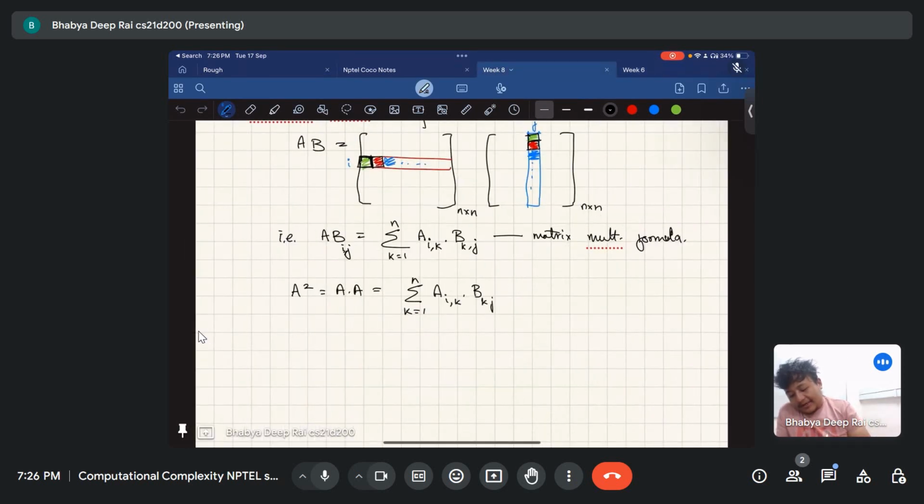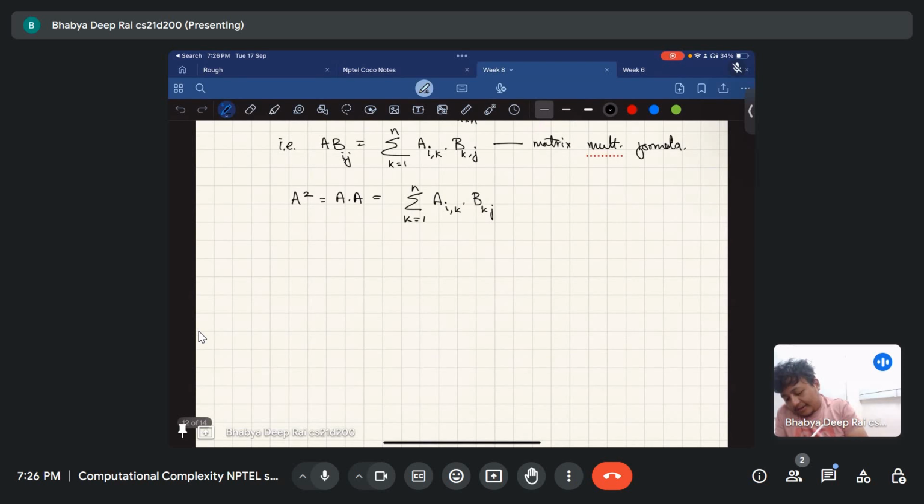So look at that, and what you see is the matrix A square talks about reachability in two steps.